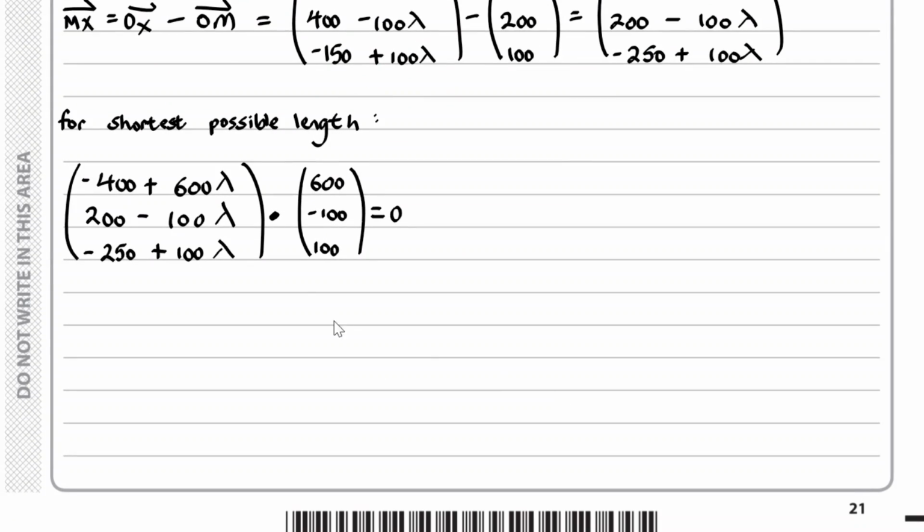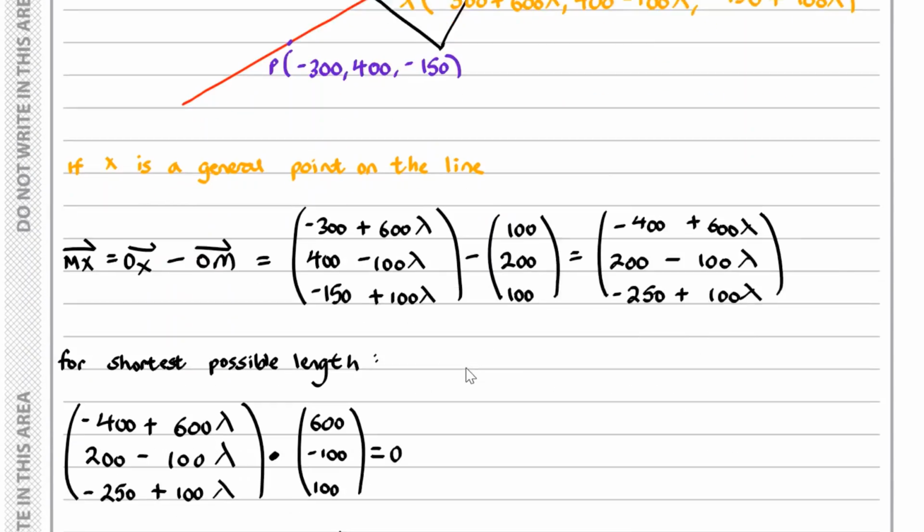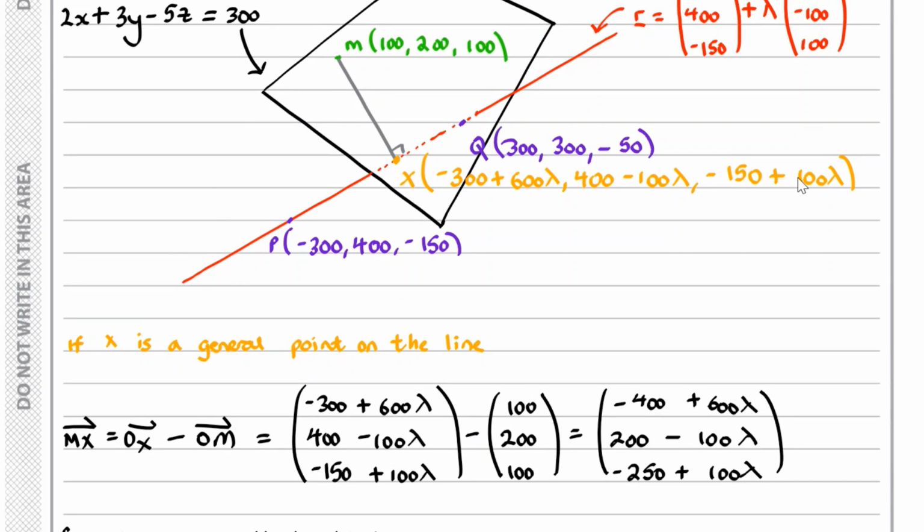Now we can find what lambda is. Lambda therefore is equal to 3/4, and I've shown the working here. Knowing that lambda is equal to 3/4, we substitute that value back into here to find the coordinates of X.